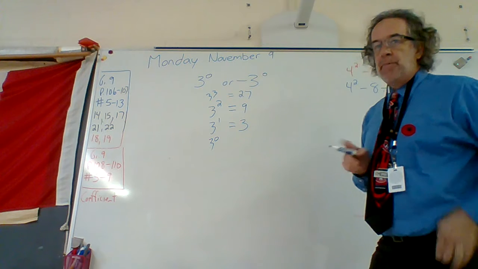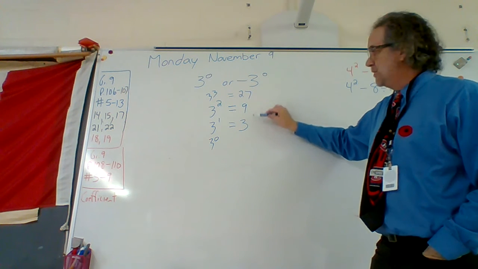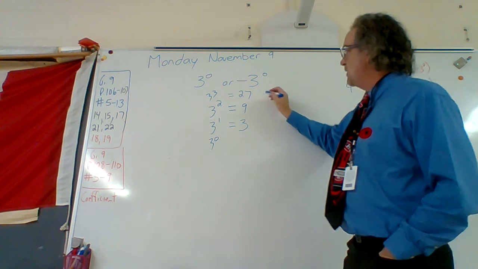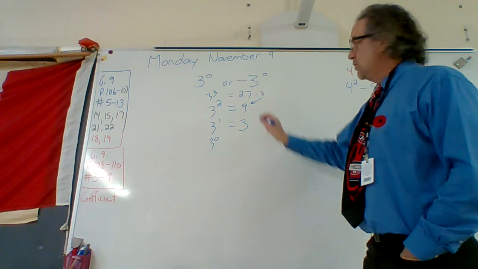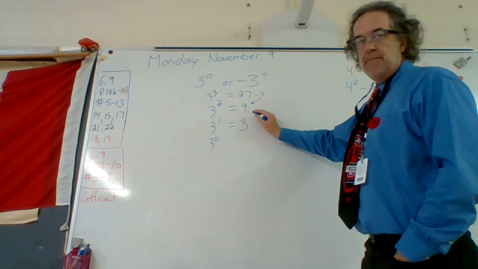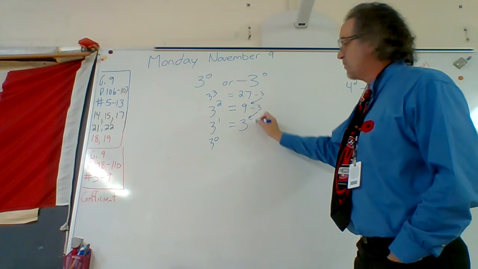And if you notice another pattern that's happening here, you're going from 27 to 9 to 3. Each one of these, when you divide by 3, will get you the next answer. 27 divided by 3 is 9. 9 divided by 3 is 3.